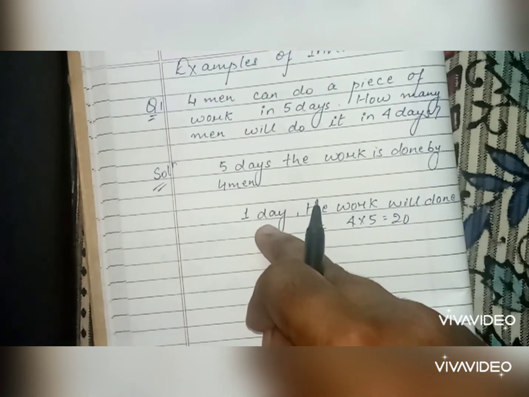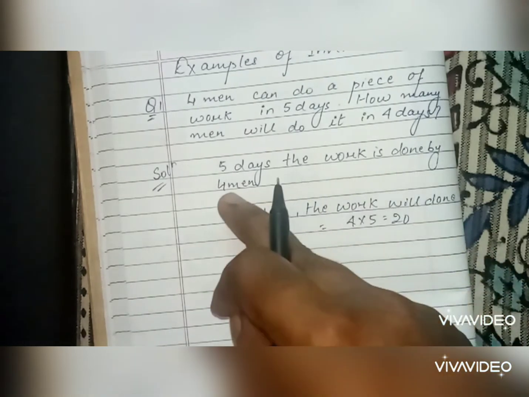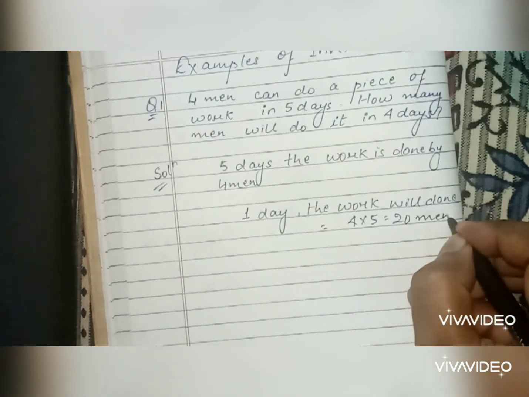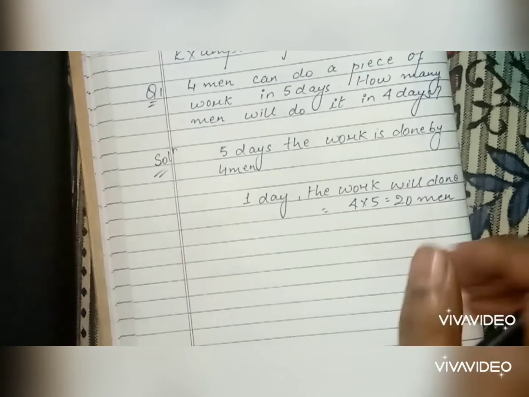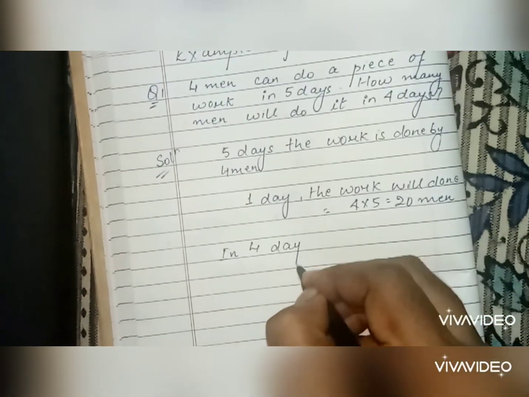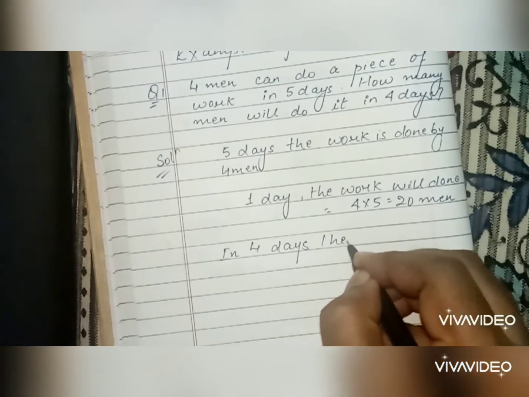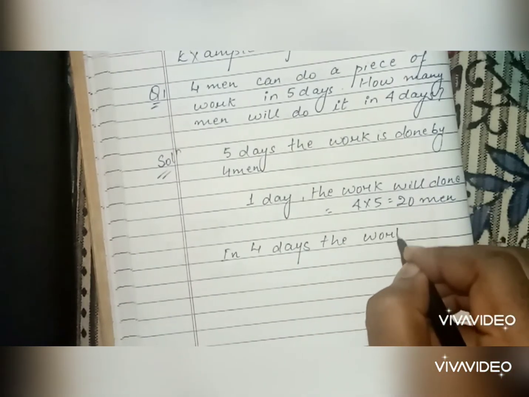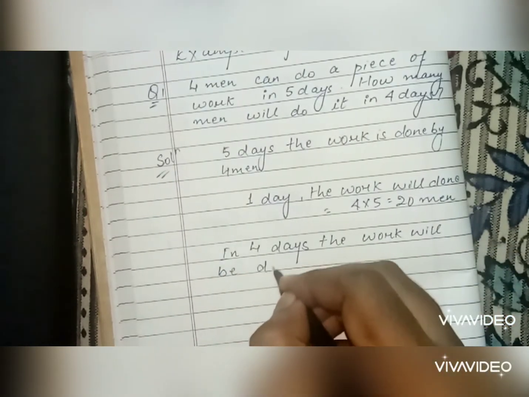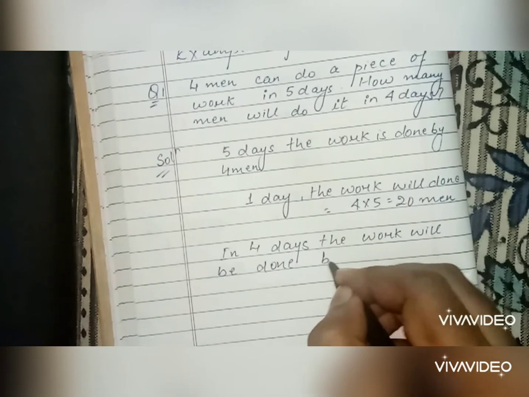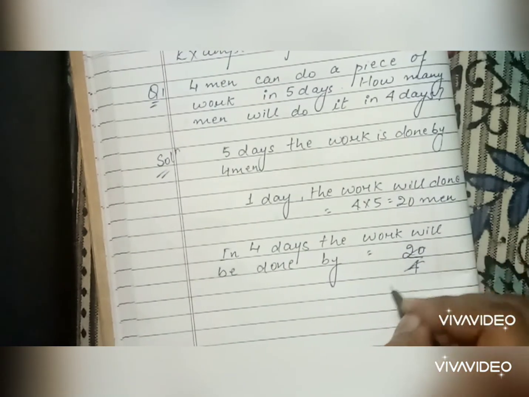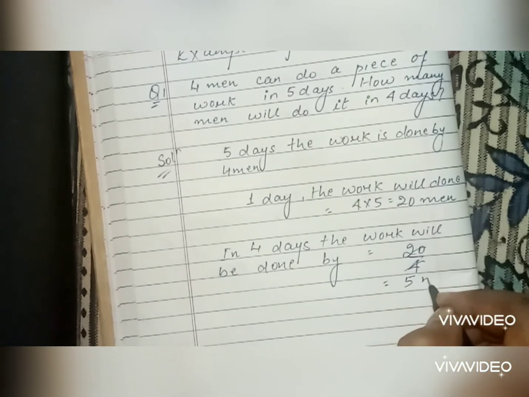As you know, there is only 1 day, so the maximum number of men will be required. So now in 4 days the work will be done by 20 upon 4, and that will be 5 men.